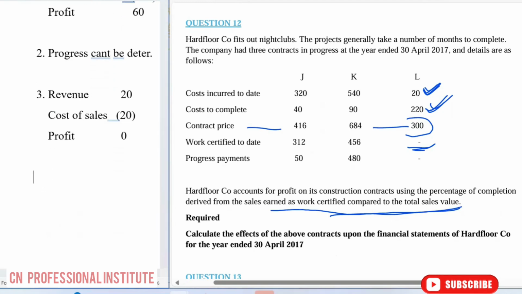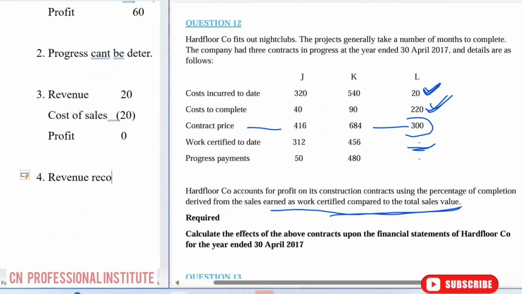Then we go to step 4, statement of financial position. Statement of financial position will record current contract asset or what? Contract liability. Contract asset or contract liability. How do we get our contract asset? Here too is the same thing. Revenue recognized. So let's bring revenue recognized to date.